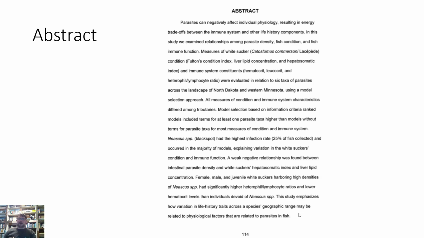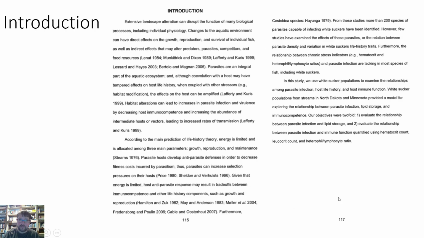And then at the end, I say, okay, due to the results of this study, it seems like, indeed, that across all geographical range of this species of fish, parasites can have a negative effect on the physiological factors of this given fish. Okay? So again, abstract. You want to have intro, methods, results, and discussion. Okay? All right, so let's jump to the next page, and we're going to look at introduction.